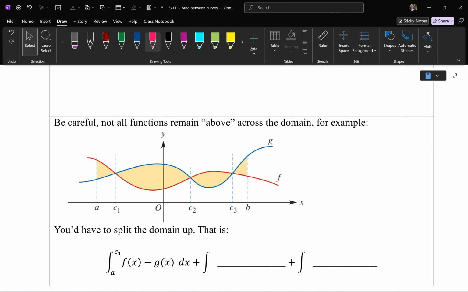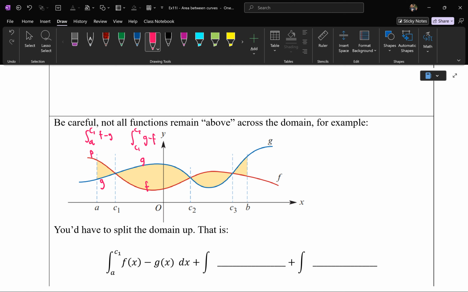You can see here this is when f has a higher value and g a lower value. This is when g is a higher y value and f has a lower y value. So this one should be a to c1, f take away g, and this one should be c1 to c2, g take away f. Does that make sense?